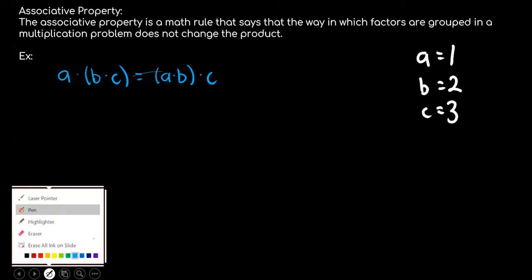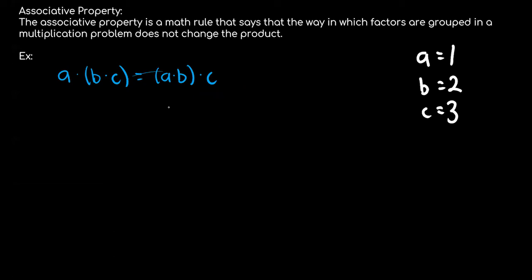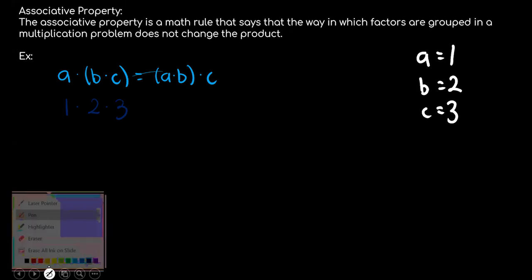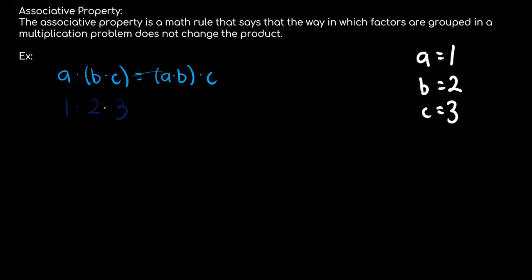So let's just prove that by substituting A for 1, B for 2, and C for 3. So A is equal to 1 times 2 times 3. Sorry, this is hard to see. Let's just switch to a better marker.